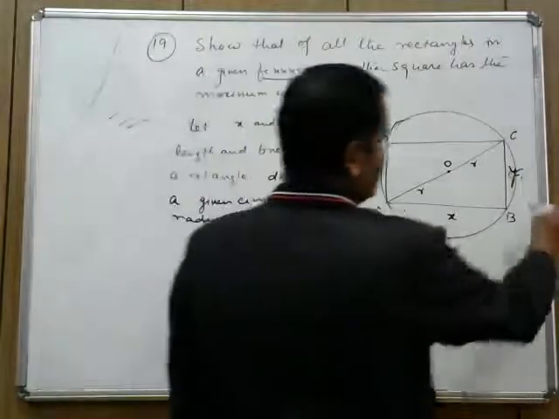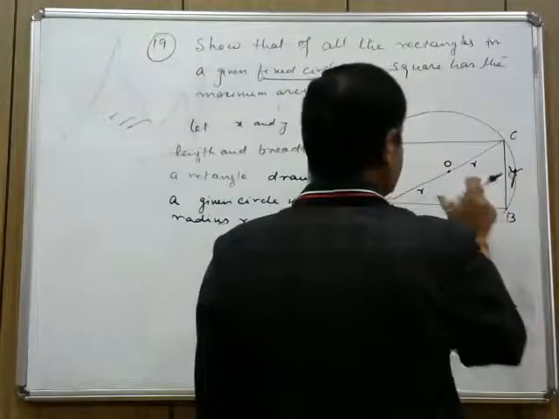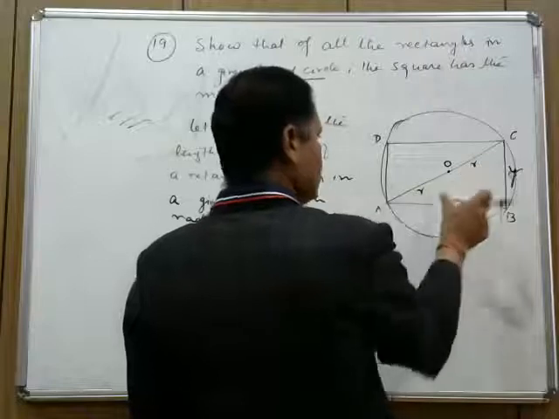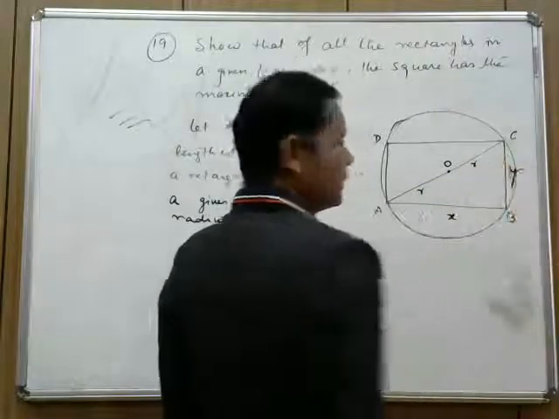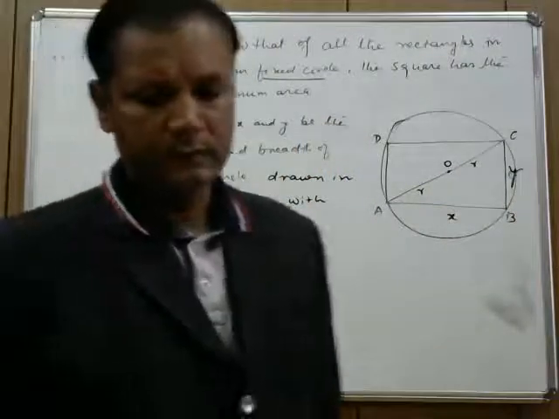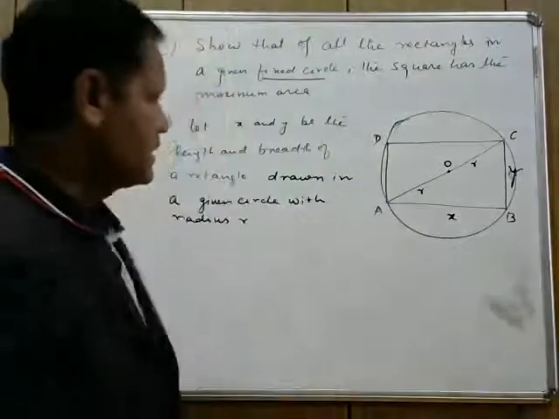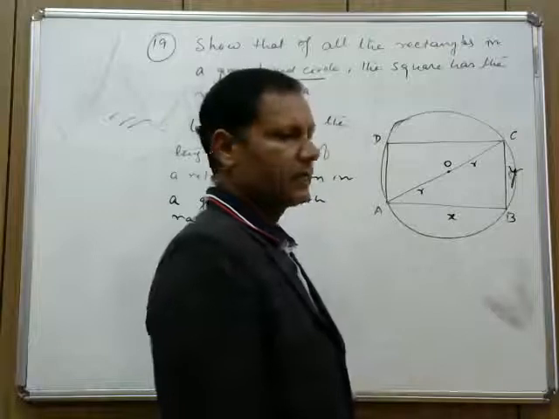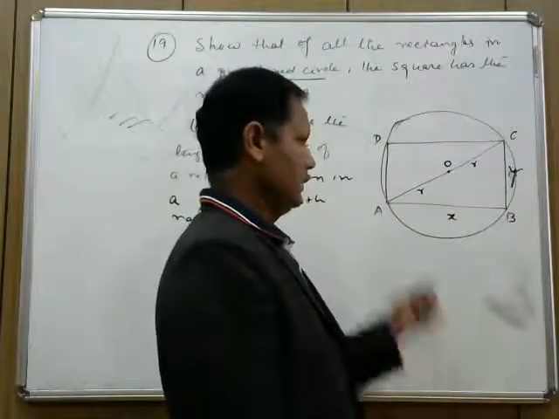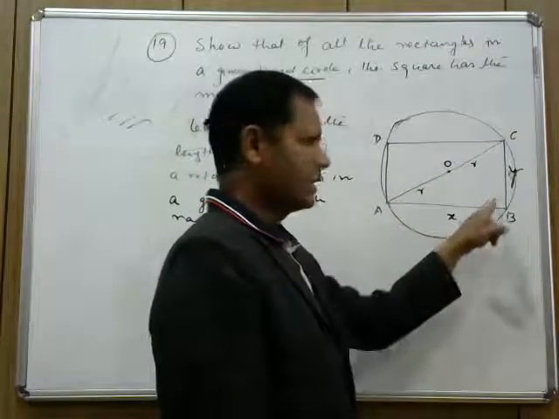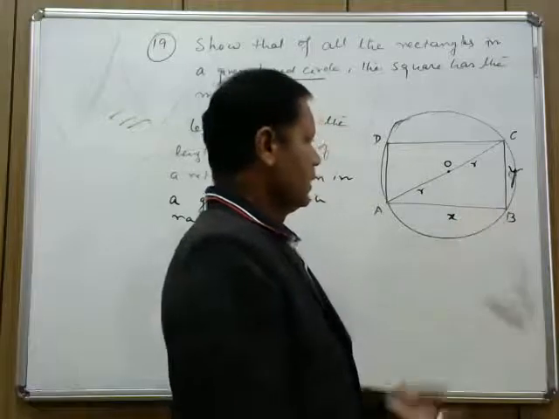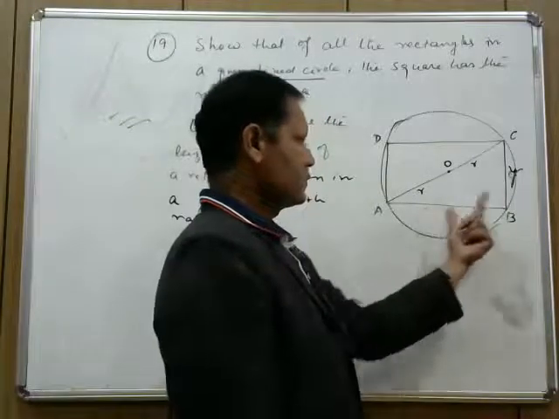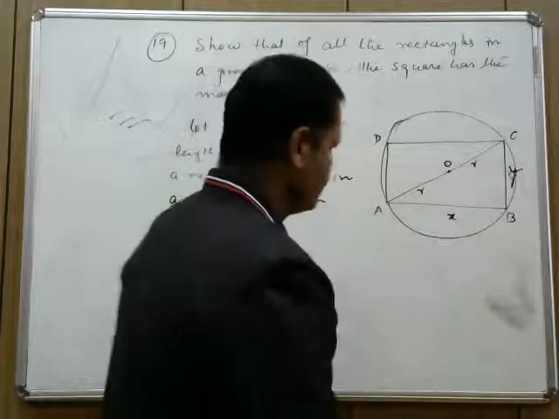Now we have one relation in this AC, AB and BC. What relation do we have? We know that x square plus y square. Now ABC is a right angle triangle. Why right angle triangle? Because ABCD is a rectangle. This angle is 90 degree, of course. Now in a right angle triangle, AB square plus BC square is equal to AC square.